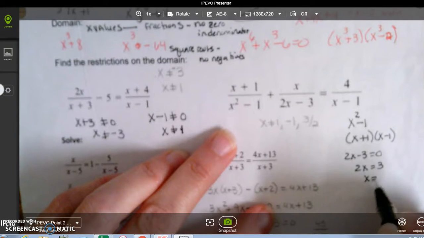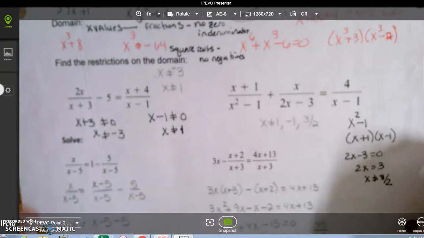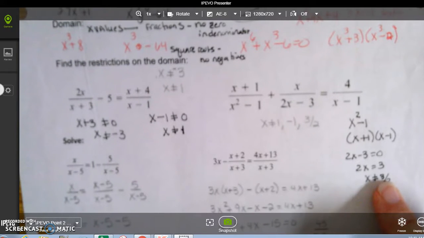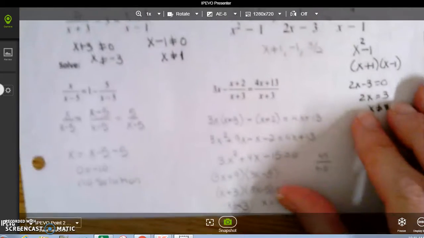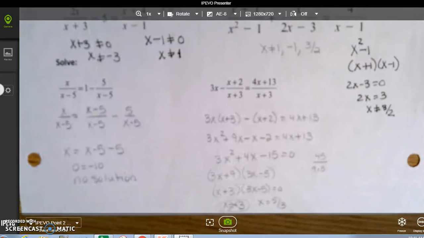So x cannot equal 3 halves. Okay, so that's where I got my restrictions on my domain there. So then you have to make sure that when you get your final answers, you look at those restrictions and eliminate answers.